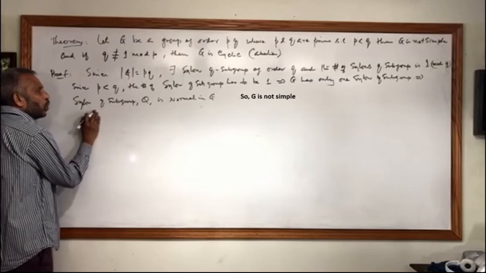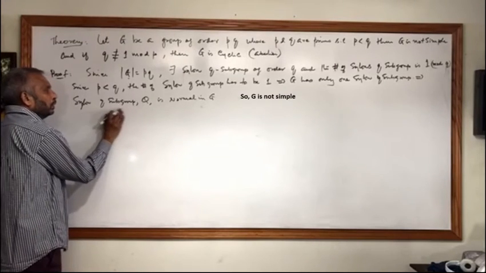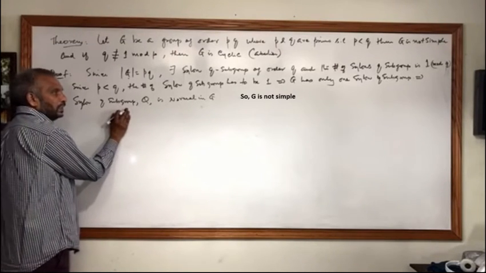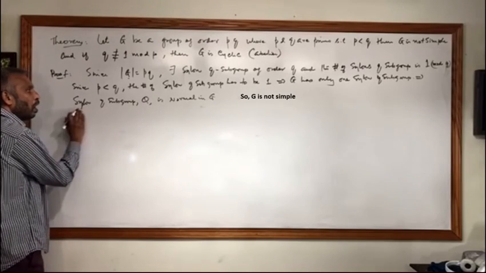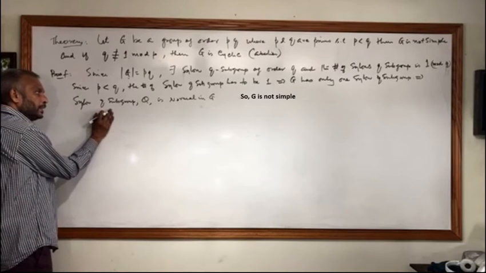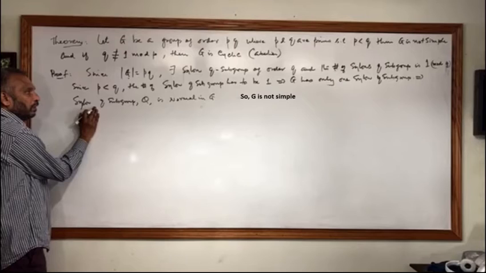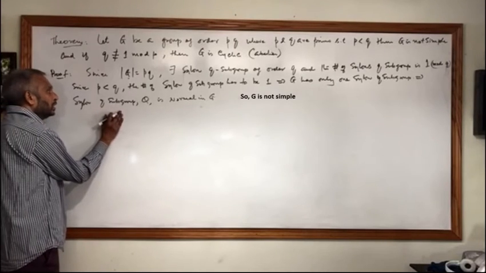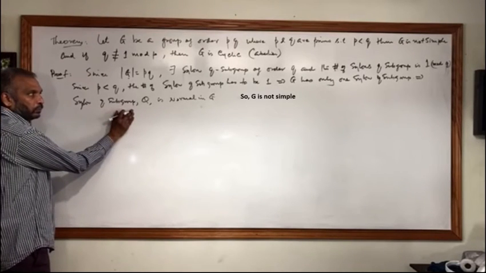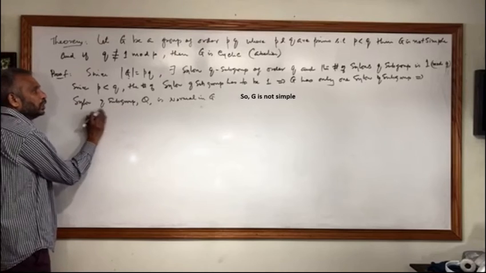If there is only one Sylow subgroup, then it is normal because all its conjugates are Q itself, and those conjugates are the Sylow Q subgroups. So that means Q is normal.